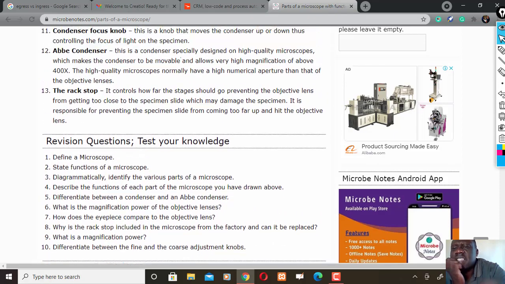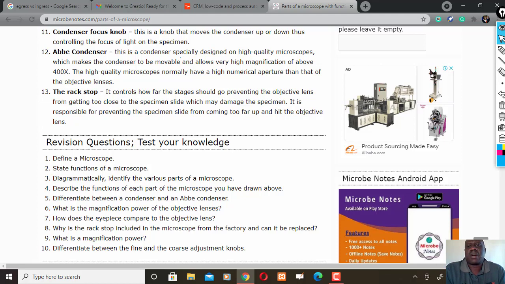Now there are some review questions that you want to think about, maybe to test your knowledge. You may want to define a microscope, to state its functions, maybe diagrammatically identify the various parts of a microscope, then describe the functions of each part of the microscope you have drawn, and differentiate between a condenser and an Abbe condenser.